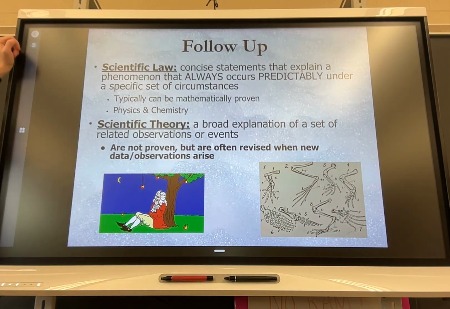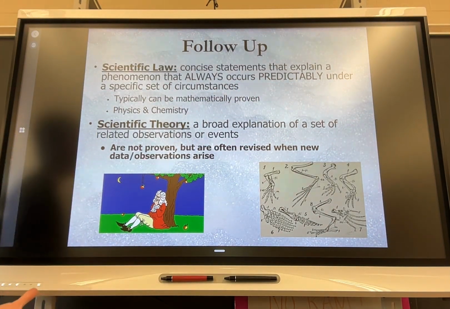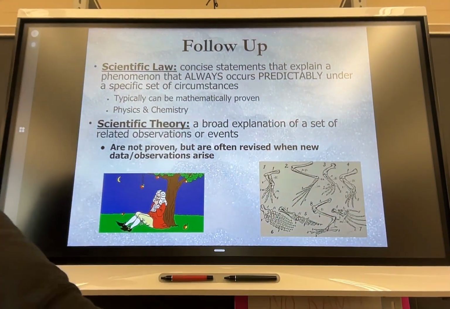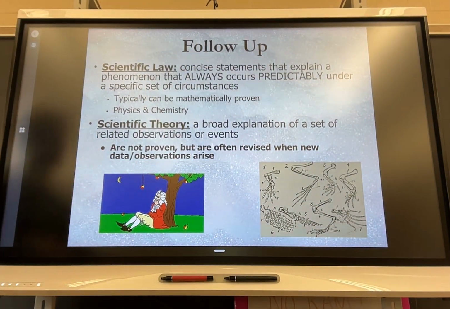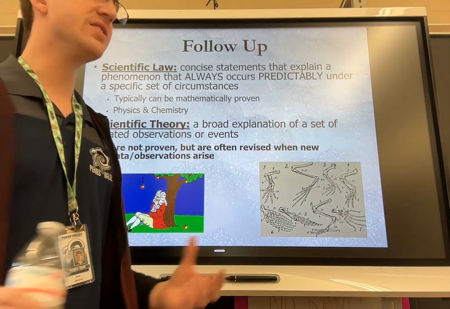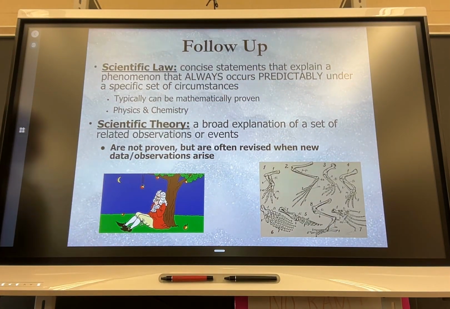So laws don't come about often. Laws are very specific statements that explain something in nature that always occurs predictably. For example, the law of gravity is a scientific law. We have conditions that are always going to be met no matter what.